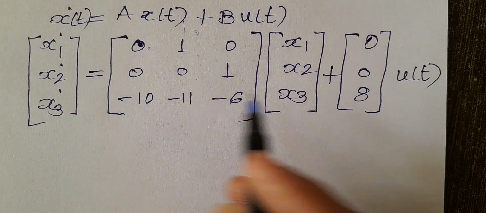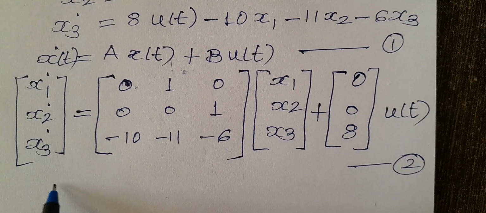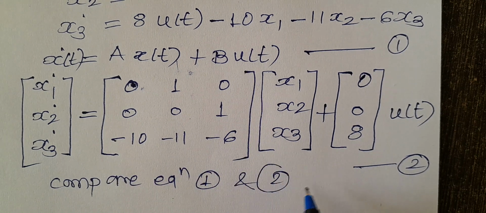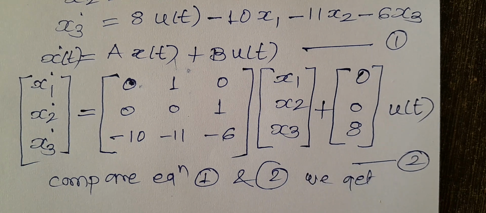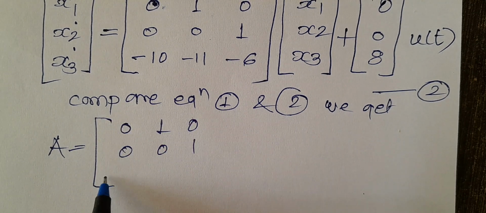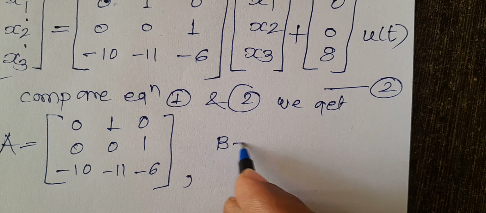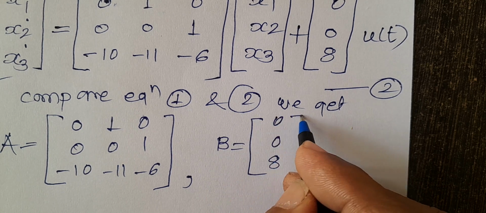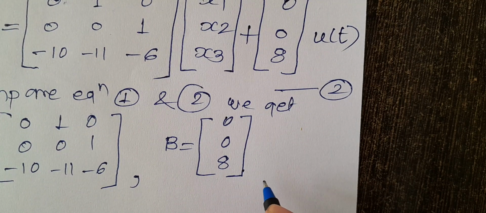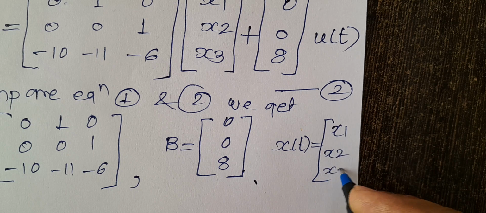Therefore we compare equation 1 and 2, and we get A equal to [0 1 0; 0 0 1; minus 10 minus 11 minus 6], and B is equal to [0; 0; 8], and x of t is equal to [x1; x2; x3].